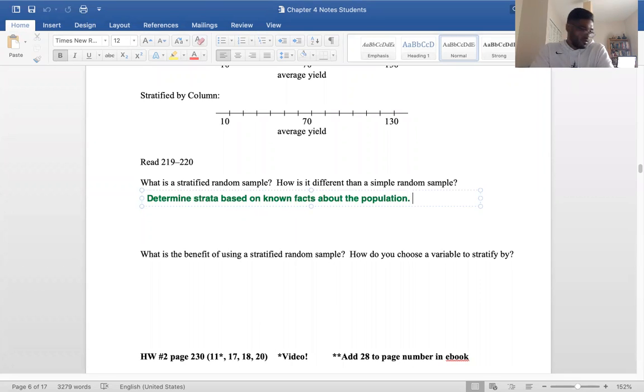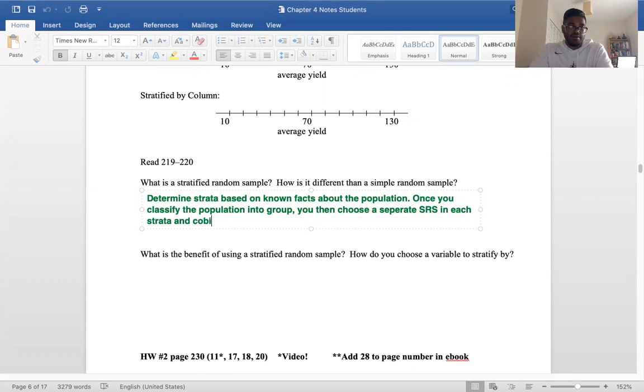And then from within this, so once you classify the population into groups, you then choose a separate SRS in each strata and combine to form a sample.